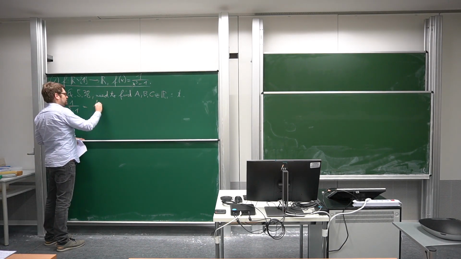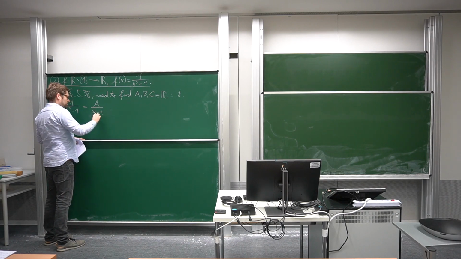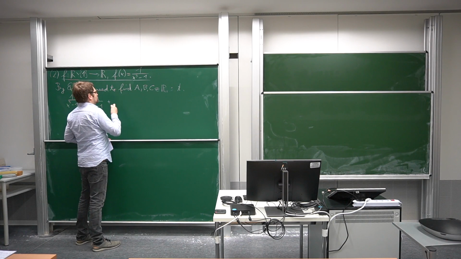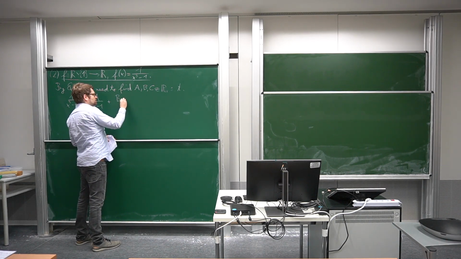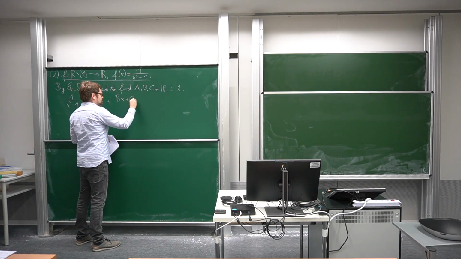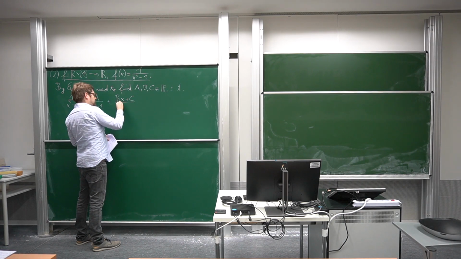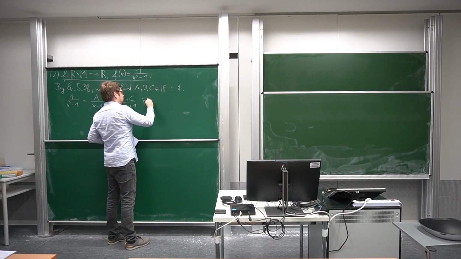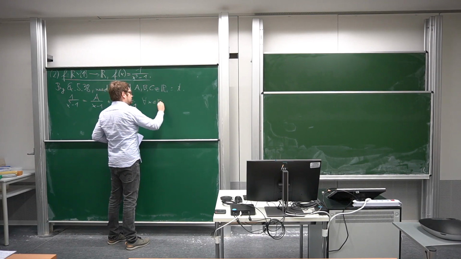On the one hand, we have the factor x minus 1, so we need some constant A over x minus 1, plus, and now the quadratic term, here we have some linear function in the numerator, Bx plus C over x squared plus x plus 1, such that this holds for all x in R.